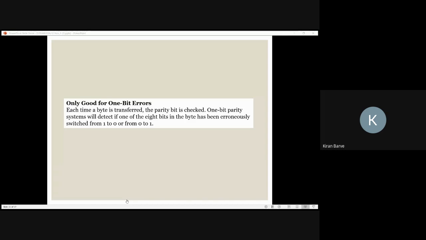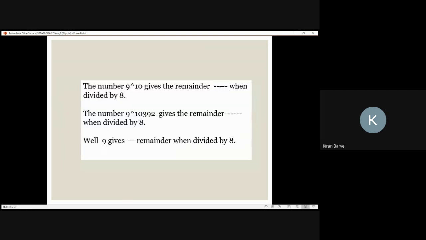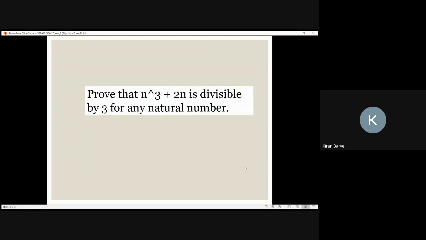So let us go back. I skipped some nice examples. Stay here. Let us prove that n cube plus 2n is divisible by 3 for any natural number.